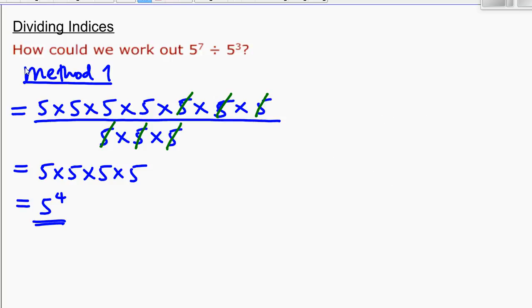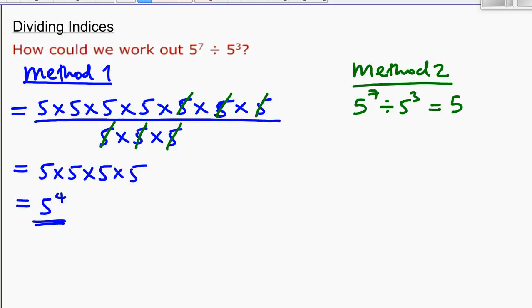Method 2 is just based on looking at this pattern. So let's look at this connection. What we have here is 5 to the power 7 divided by 5 to the power 3. So instead of doing all this, we can just subtract the powers. 5 to the power 7 minus 3, which will be 5 to the power 4, which is the same answer as what we have on the left.